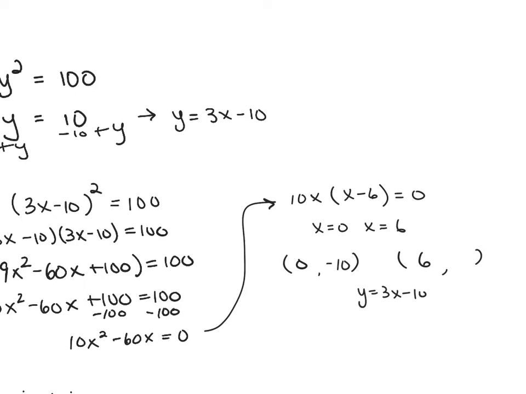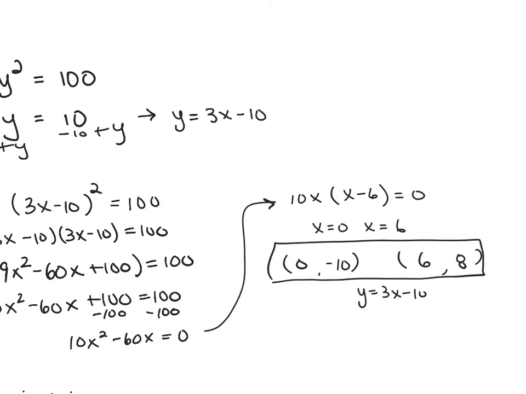So then that point is (0, negative 10). Now if x equals 6, here 3 times 6 is 18. 18 minus 10 is 8. So y is equal to 8. Now we have both points of intersection.